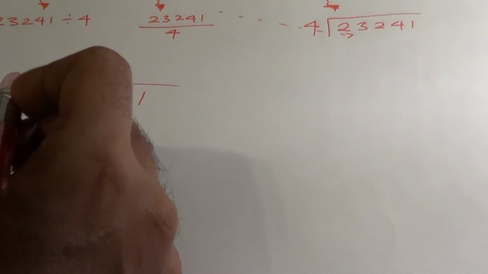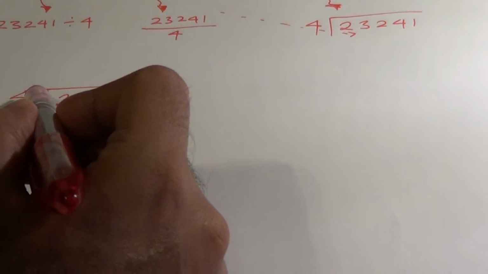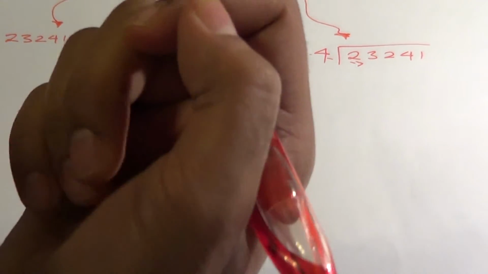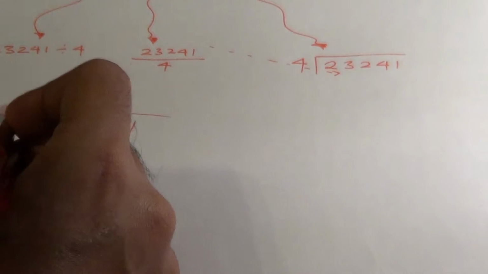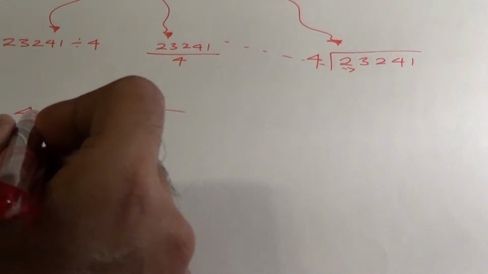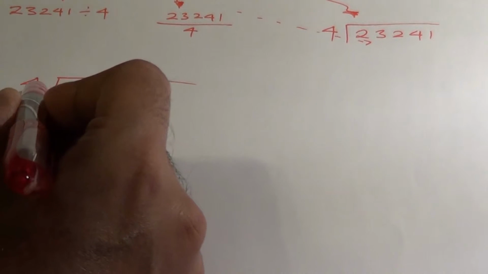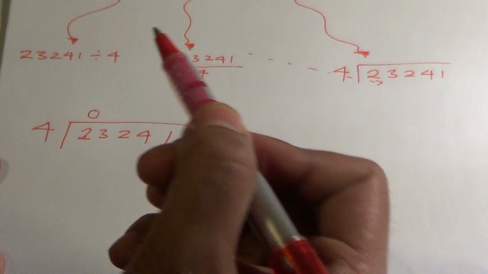You don't write that. You want to say, in the 4 times table, does this fall into this? No, because the 4 times table starts off with 4, 8, 12. So the obvious answer, if you're really unsure, is this number is bigger than the first number. So naturally, it's going to be 0.